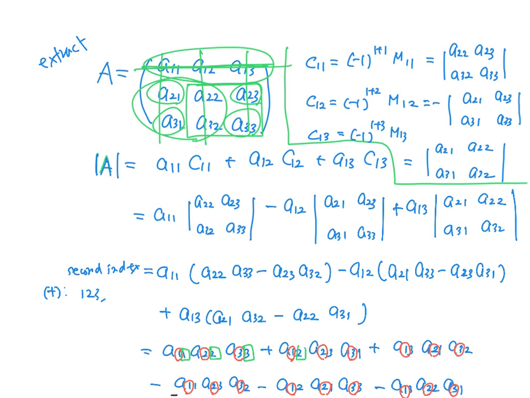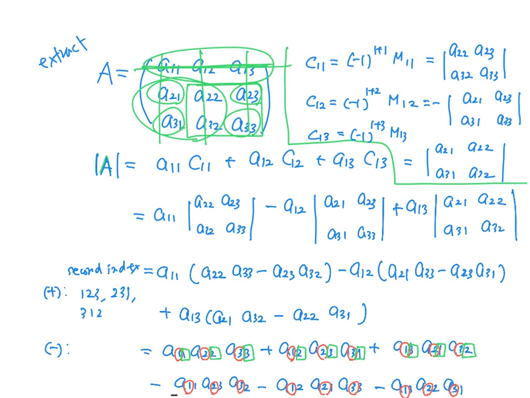And 2, 3, 1: if the second index is in the order of 2, 3, 1, it also contributes to the plus, right? And 3, 1, 2. That gives positive contribution, positive terms.